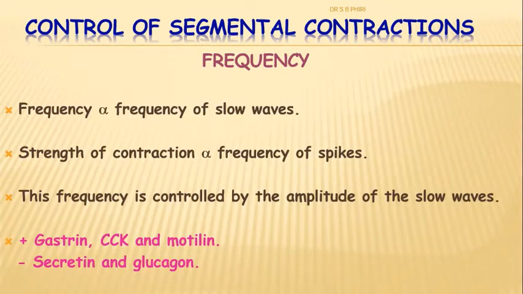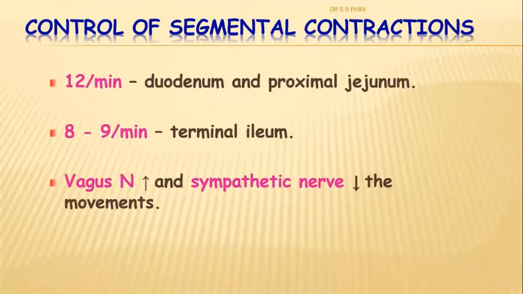So we'll also look at the mechanism by which these hormones are secreted. Glucagon, on the other hand, is inhibitory to segmental contractions. Okay, so that is all on control of segmental contractions. So in the duodenum and proximal jejunum, you find that the frequency of these segmental contractions or slow waves is 12 slow waves per minute.